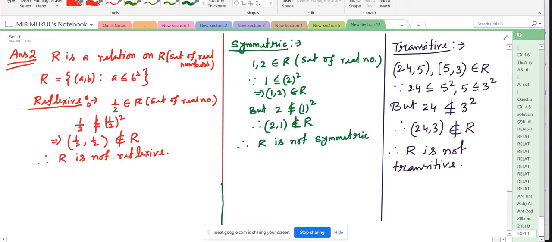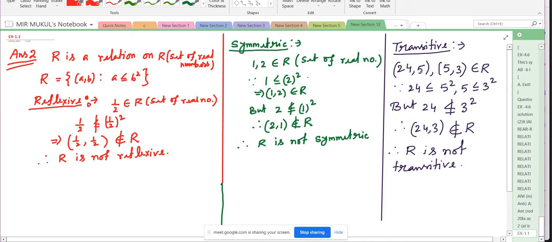If you want to prove it is not reflexive, better if you take a fractional number, then you will easily see it. And if you want to prove not symmetric, then if you take 1 2, or 1 3, or 1 4, you can easily prove it is not symmetric. In case of transitive, take the middle one like 3, 4, 5, or 6, and take the first number such that the square of the middle number and the first number are just nearest in value.